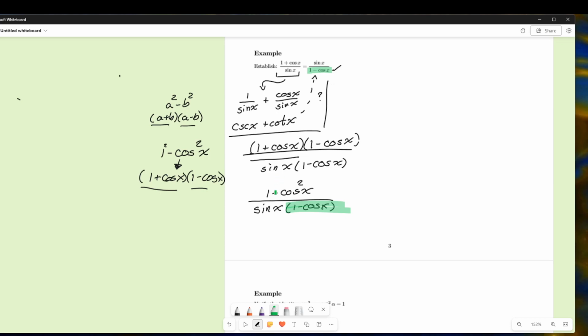But we do have a lot of other stuff here, but our goal in multiplying by that conjugate was to build that Pythagorean identity, so let's take advantage of it. The 1 minus cosine squared will turn into sine squared x over sine x times 1 minus cosine x. And hey, that's nice. Those sines will cancel. And that's going to leave us with the sine of x over 1 minus the cosine x, which is what we wanted.